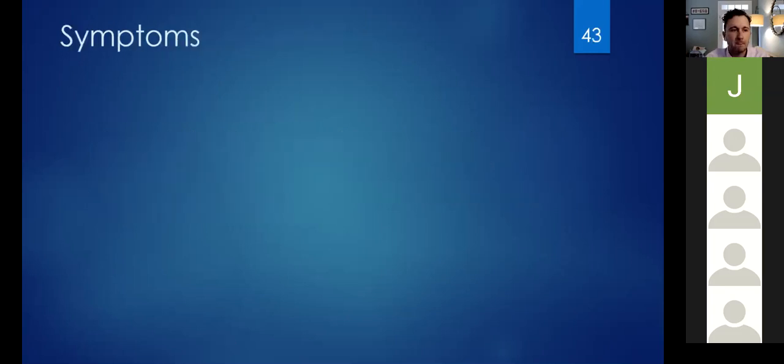Okay. All right, so in terms of symptoms, the most common symptoms that these patients present with are dyspnea and fatigue. And these symptoms are due to their inadequate increase in cardiac output during exertion. And then some of the other symptoms we see are due to their right ventricle failing.